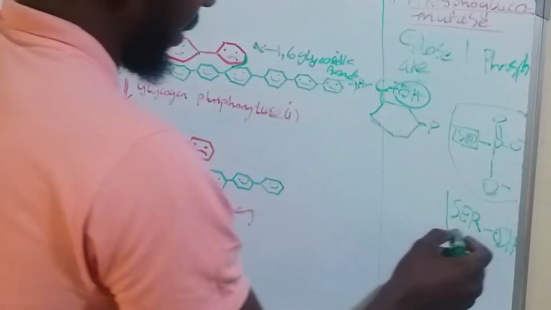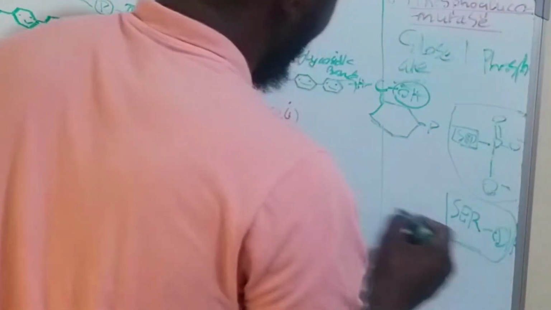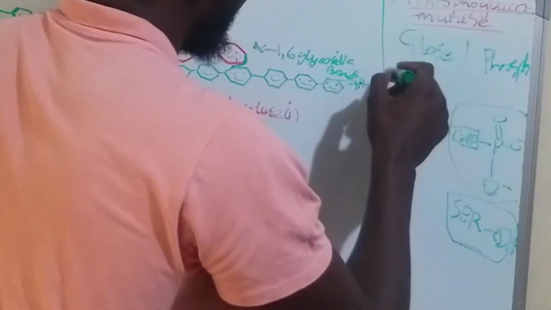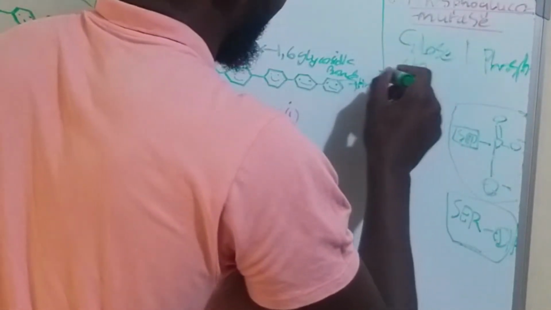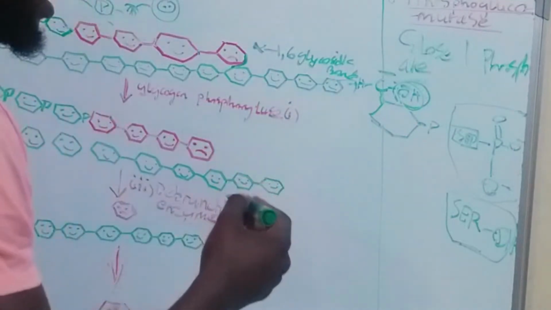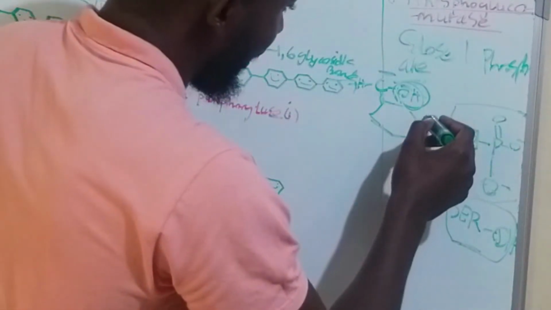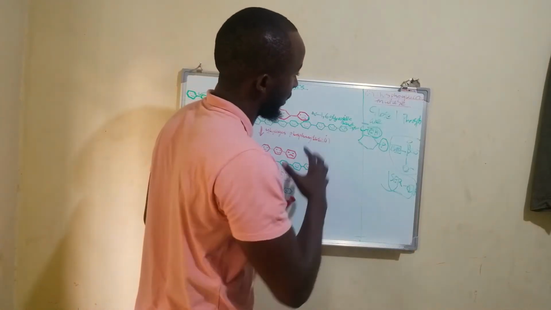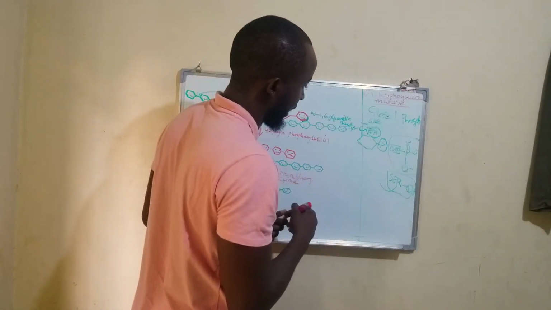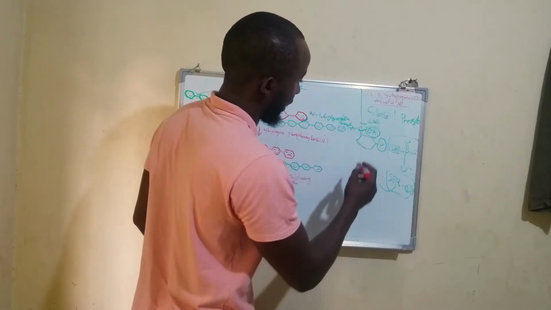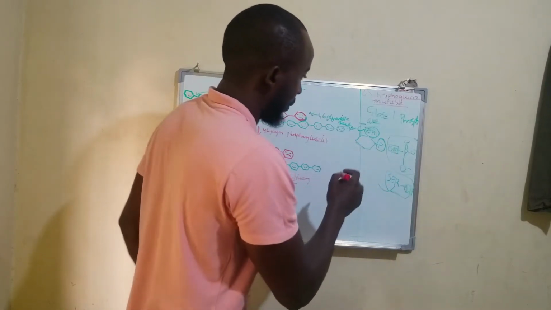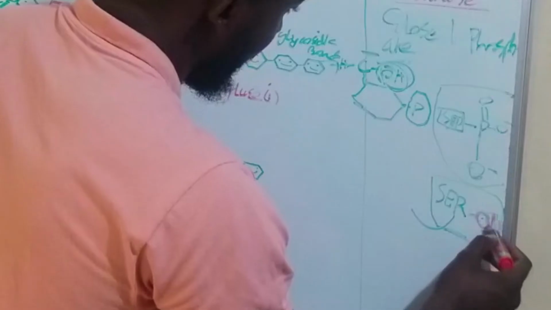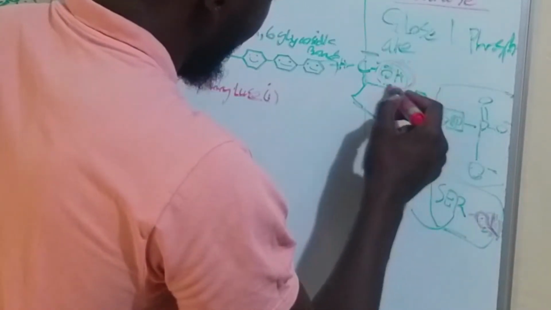But what happens now is the part that's really important. Once it loses this, it will have space to accommodate something here at carbon number 6. And what will it accommodate? The phosphate here. We said the phosphoglucomutase has serine and phosphate. In the first step, it will take the OH from this guy here.